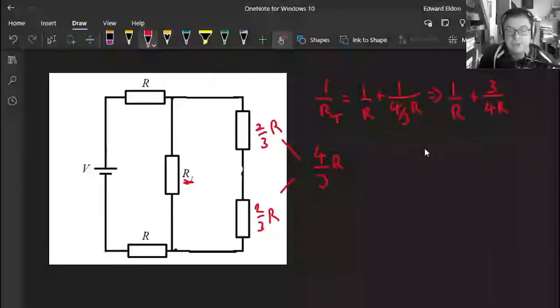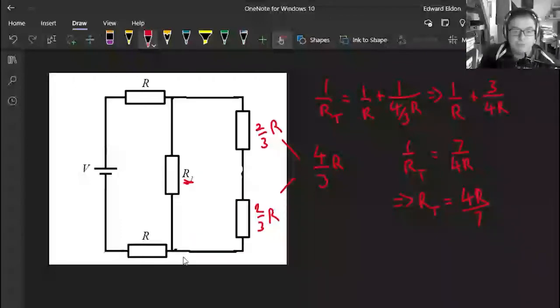So in other words, 1 over RT becomes equal to 7 over 4R. Okay, that's not RT, that's 1 over RT, which therefore implies that R total is going to be equal to 4R over 7. That means we've now replaced those three resistors we were looking at with one of 4R over 7.